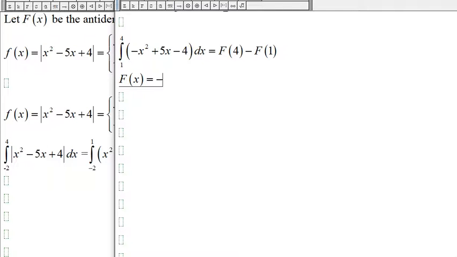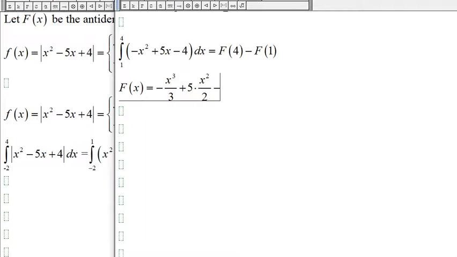This is x squared, so the antiderivative, add 1 to the exponent, we get 3, and then dividing by 3. And then this is 5 times x to the first, so antiderivative is x to the second, dividing by 2. This is a constant, so it'll be just constant times x.